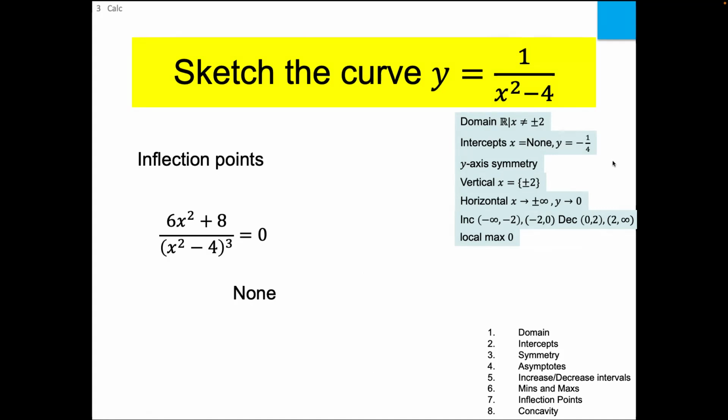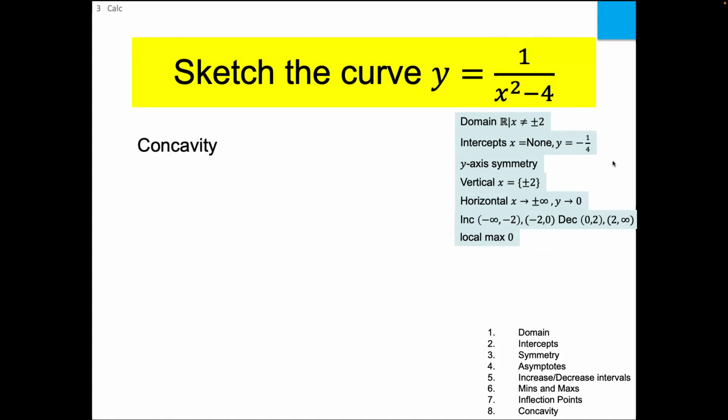That's why we don't get an answer for inflection points, because the vertical asymptotes are taking up those spaces. We still need to figure out concavity, where it's greater than or less than 0. We still take the second derivative and see where it's greater than or less than 0, or we look at those values right here.